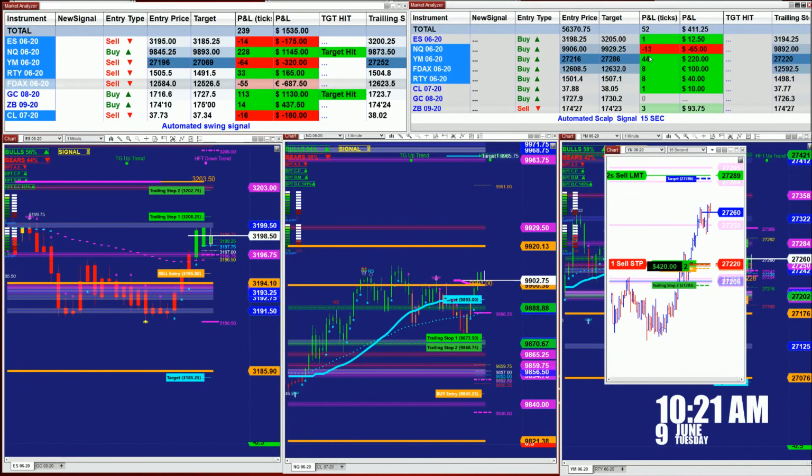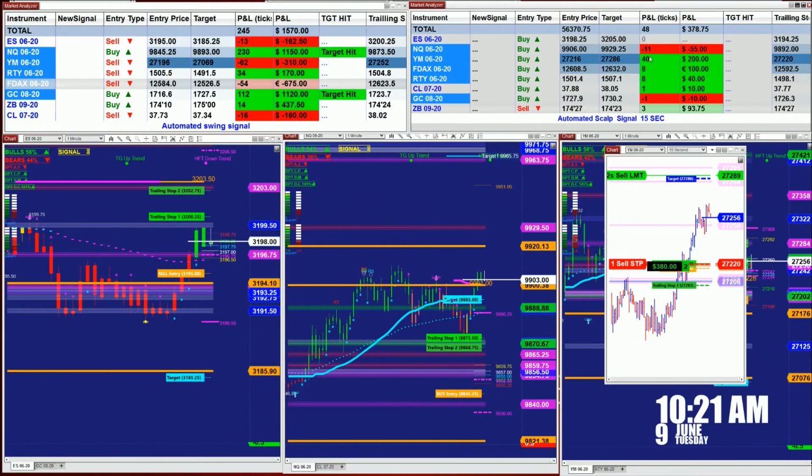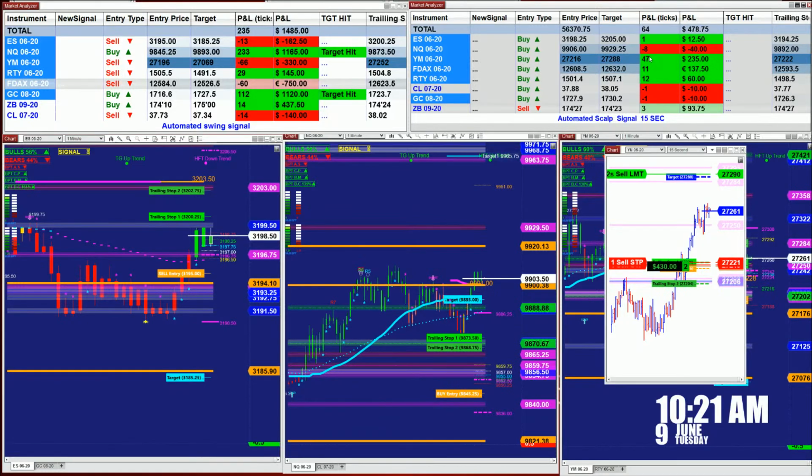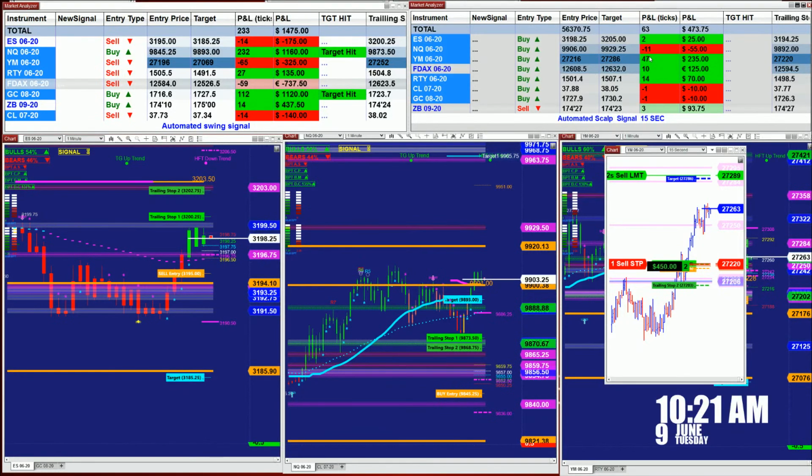Even if you are swing trading, and you see the scalper start giving a new signal in the opposite direction, let's say you are swing trading short, you don't know when you want to close your trade, you don't know where to close the trade. When you see the scalpers start firing signals in the opposite direction, the scalpers are based on 15 seconds.